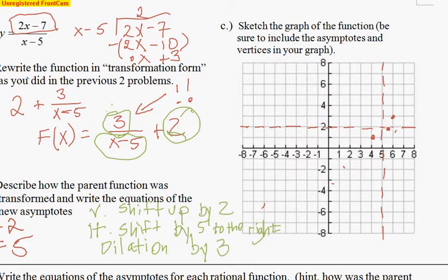Typically, a function would go relative to our new asymptotes, over 1 and up 1. But when I have a stretch of 3, I now will be going over 1, up 3. And I can also think of going over 3, up 1. So I put these in my new positions, and this is going to be my new function right here.